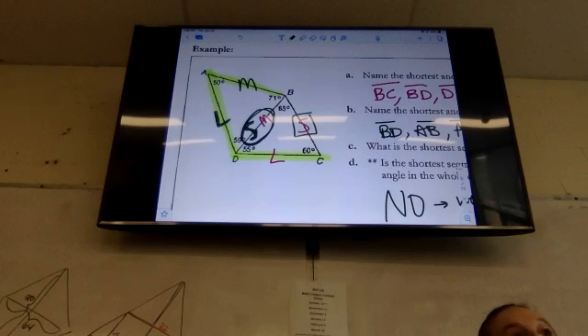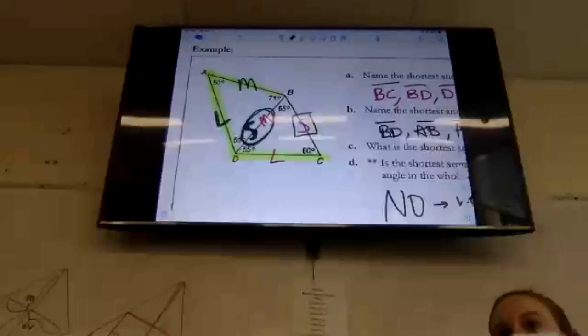AB. Yay. So most of you guys immediately were like, okay, I know the two largest ones are definitely bigger than BD. Awesome, great thought process. However, I would argue AB is also bigger than BD because we said in the green writing that BD is the smallest side of that triangle and AB is the medium size of that triangle. So the medium one should be bigger than the smallest one, right?